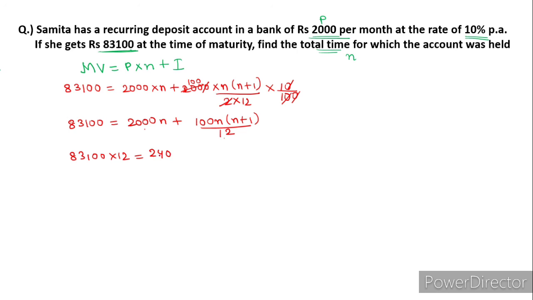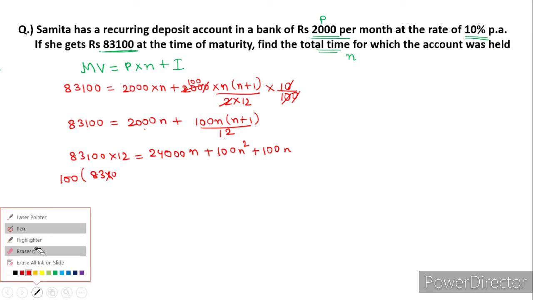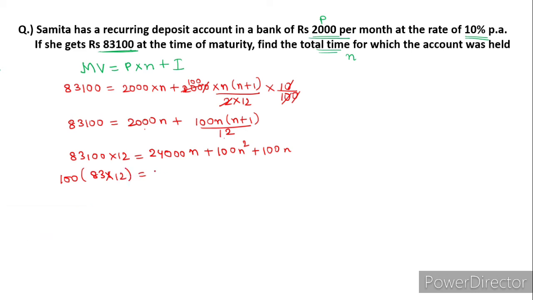No, it's not 24,000, 3 zeros will be there, 240 n plus 100 n square plus 100 n. You can take out common here. 100 will be common. 83 into 12 is equal to, take out 100 common. So it would be 240 n plus n square plus n.